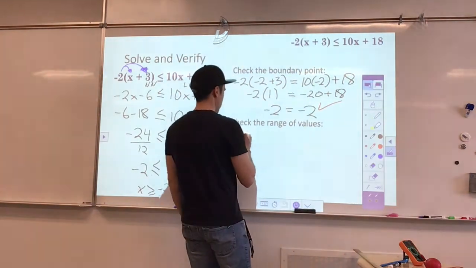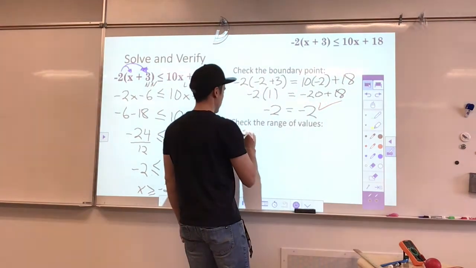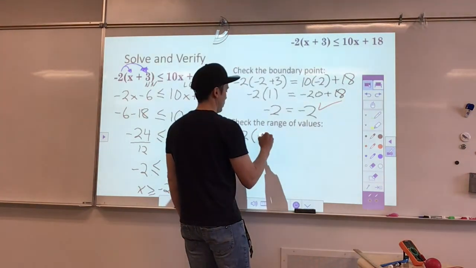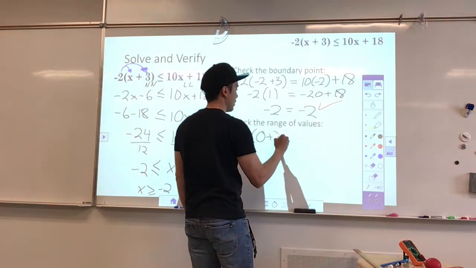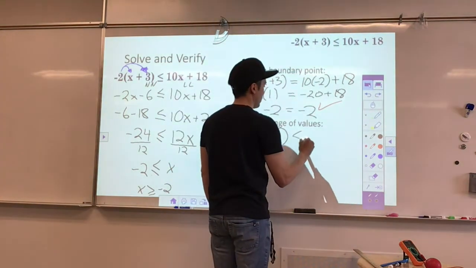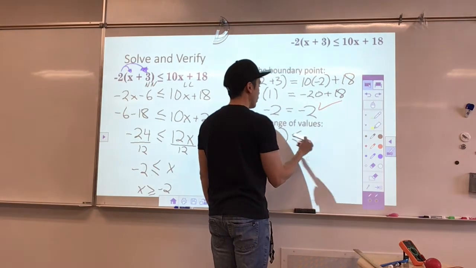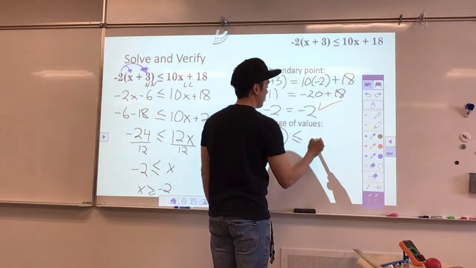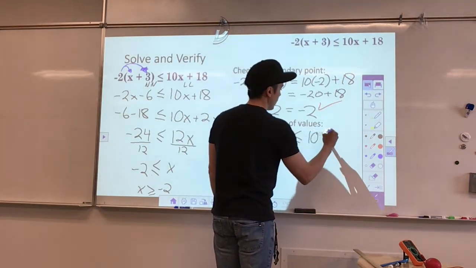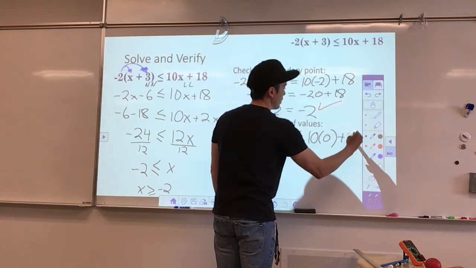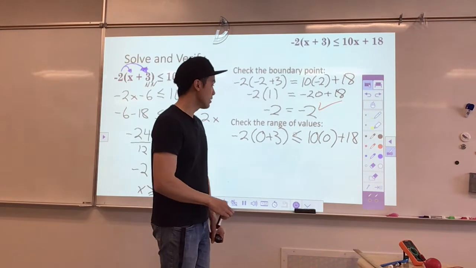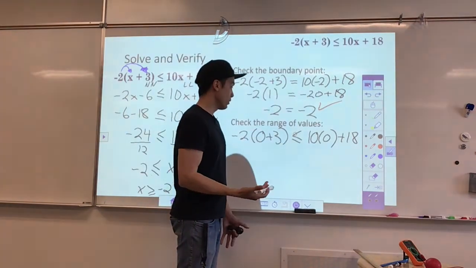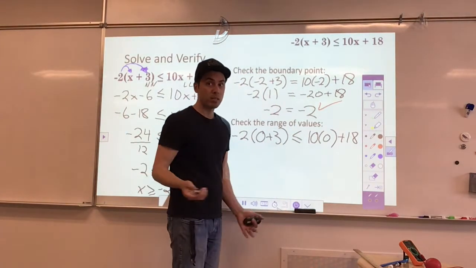So now I'm going to go -2 times, replacing x with 0, plus 3. And now I'm looking for this side to be less than the right side, 10 times 0 plus 18. So again, you can only choose 0 if it works. In this case, it does. And it's going to work out great because 0 plus 3, that's an easy one for me to do.